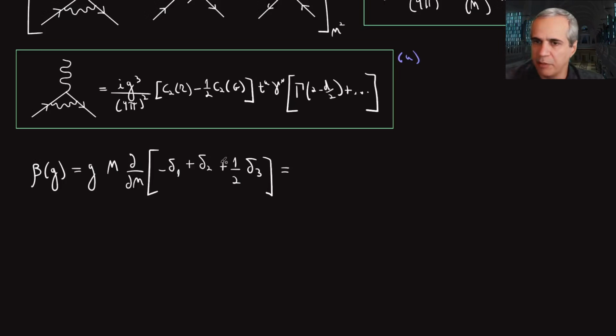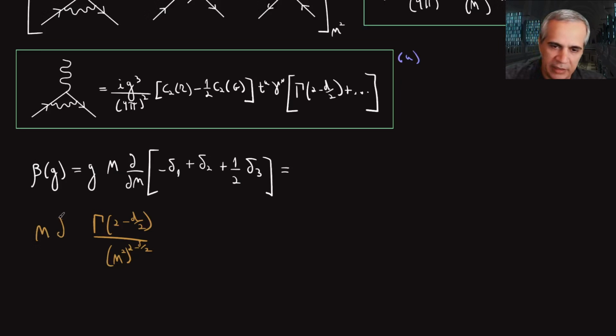It's important to remember that in all of them, I have these gamma of 2 minus d over 2 over m squared to the power d minus 2 over 2, right? And in all cases, I'll apply m del del m.